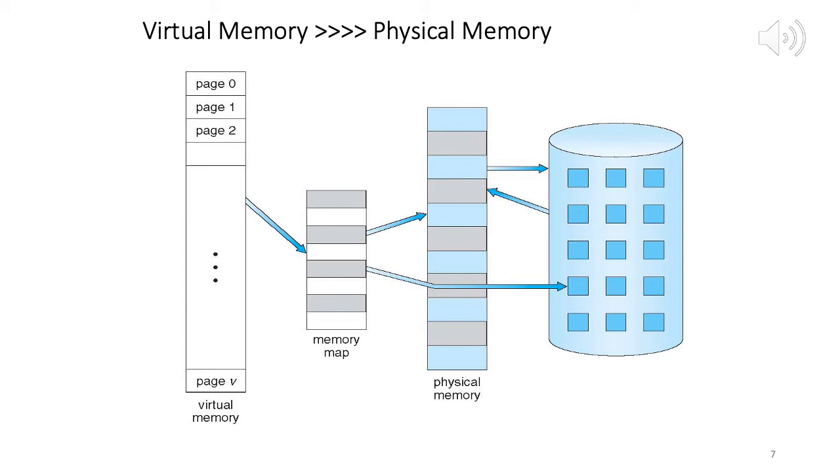Same way, the size of the physical memory, let's say 4 GB, divided by the frame size. So page size and frame size are exactly the same. And of course we know that the page frames assigned to a process may not be contiguous, so we don't have a contiguous memory allocation.